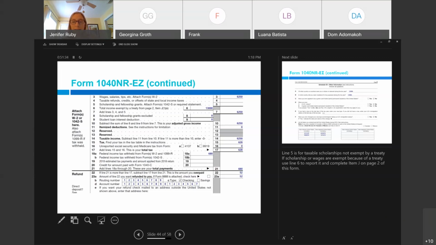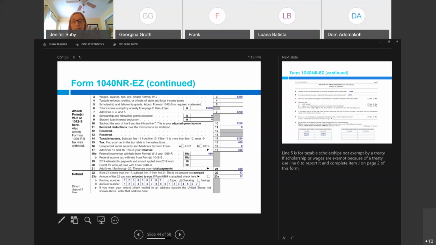If you overpaid, like in this scenario, you're going to get a refund. And so that's what you do the calculations in line 21 and 22 to determine how much you overpaid. Now, sometimes it's the opposite, right? So sometimes you might determine that your total tax is more than what you already paid.